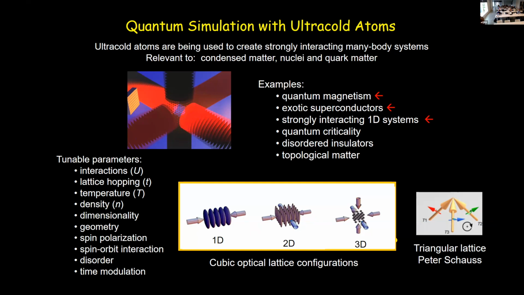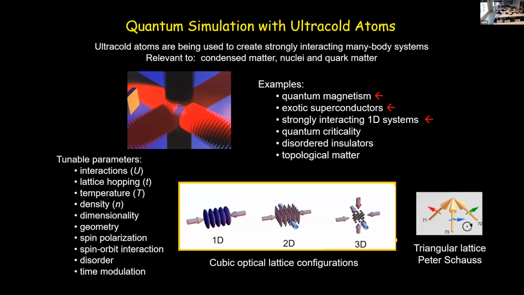If you have a one-dimensional standing wave, you can make an array of two-dimensional pancakes. If you have a two-dimensional optical lattice, a standing wave in two planar directions, you produce bundles of one-dimensional tubes out of the plane. So one can easily study one-dimensional physics with that kind of geometry, as well as three-dimensional.